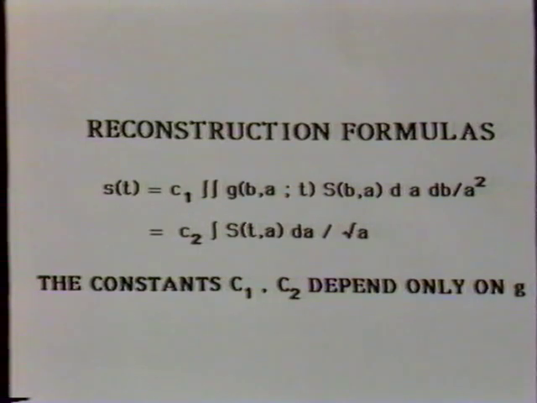Secondly, the total energy of the signal can be obtained as an integral over the shift dilation plane of the square of the absolute value of the transform S of B, A.